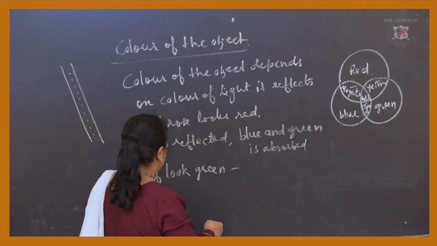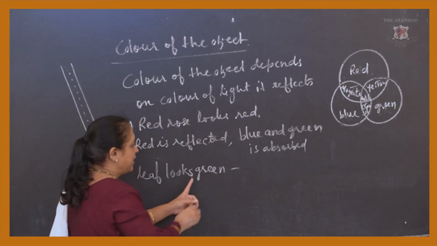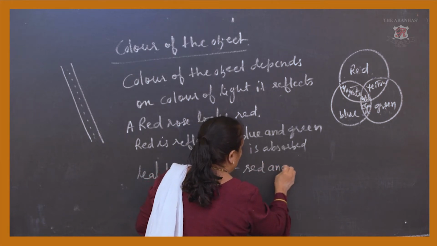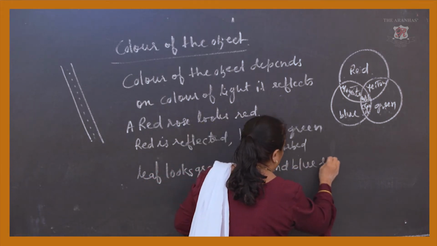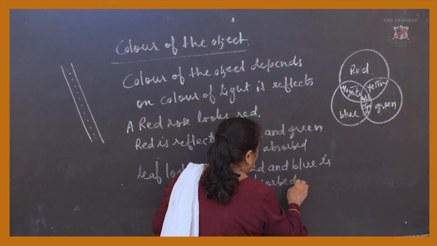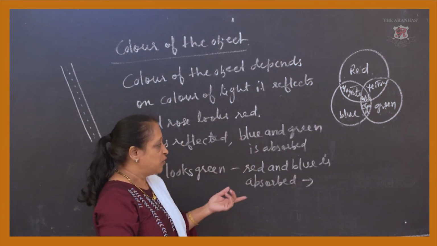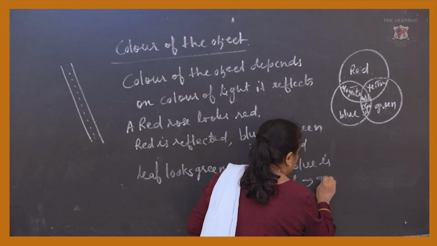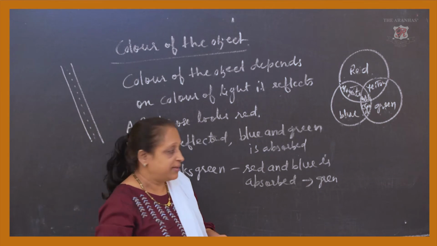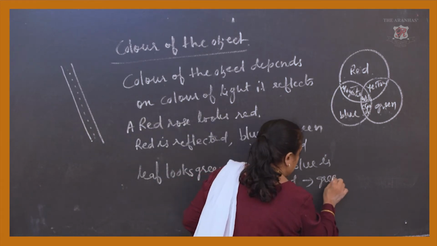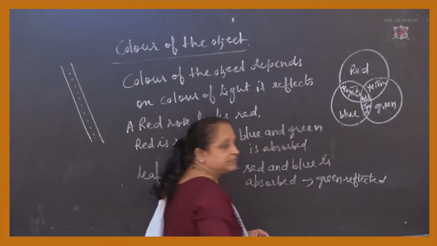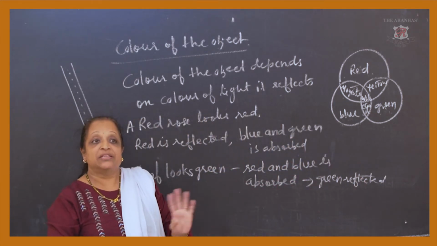So the leaf looks green because red and blue are absorbed. But then what is reflected? Of course, green is reflected. That is why it looks green.